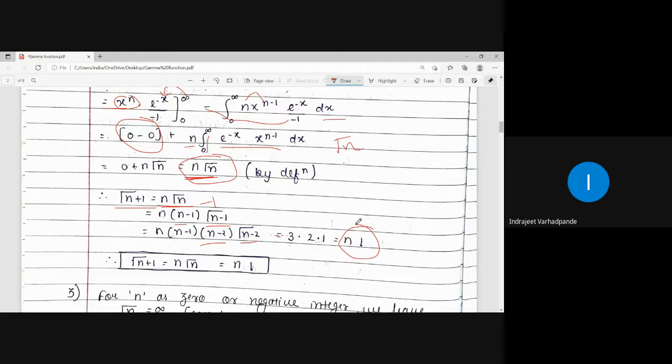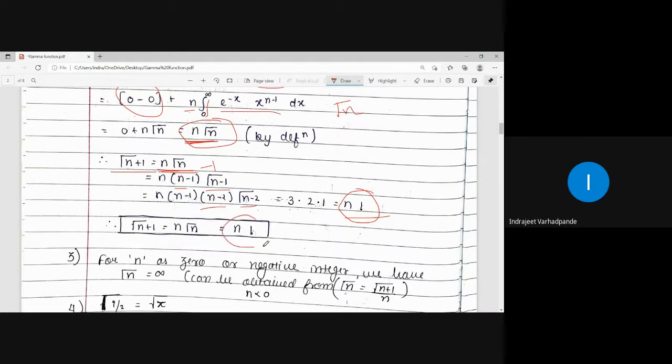It is the continued product of numbers in decreasing order, n into n minus 1 into n minus 2 into n minus 3 up to 3 into 2 into 1. This value will never be 0. Therefore, this is equal to n factorial. So gamma n plus 1 is n gamma n, and another way of writing it is n factorial.